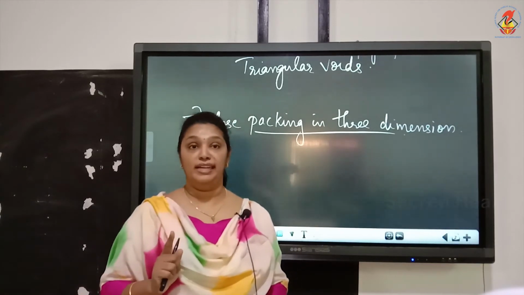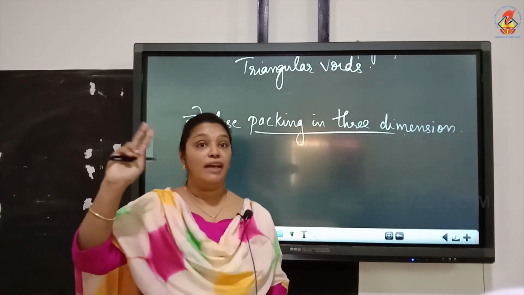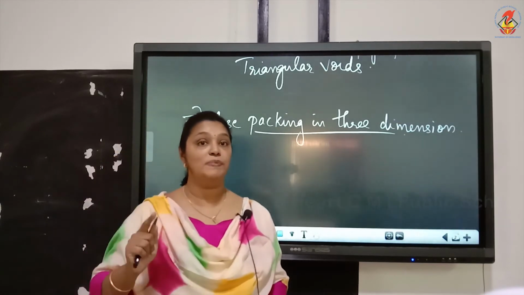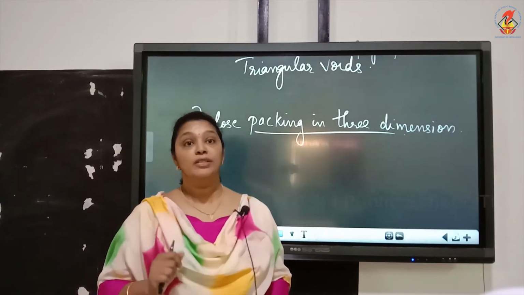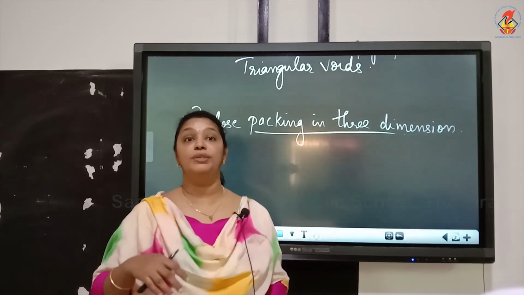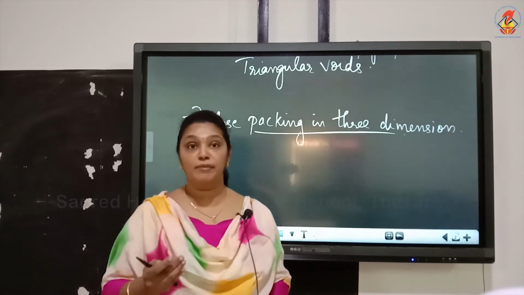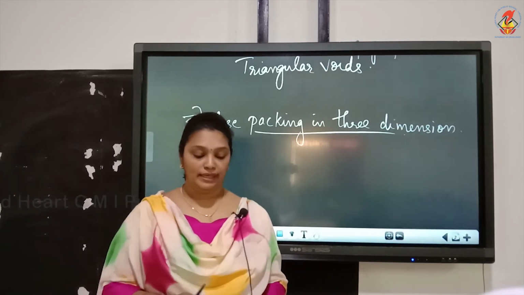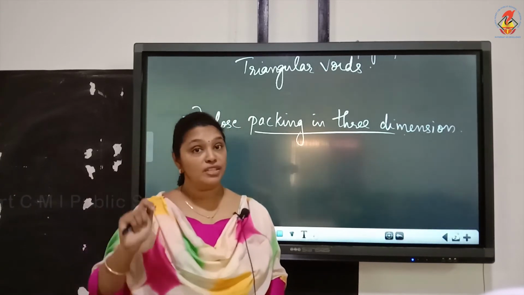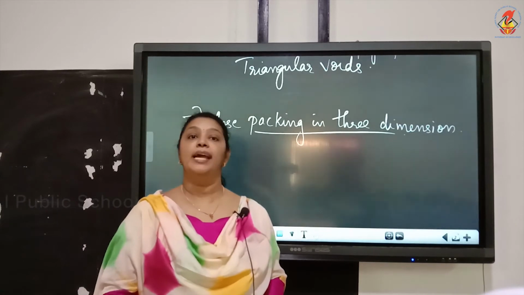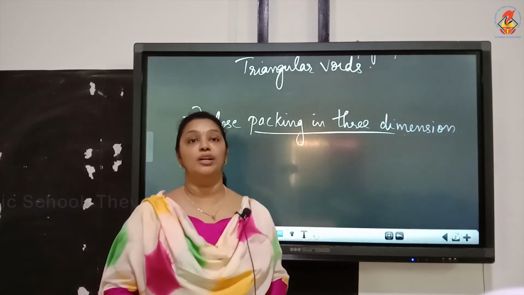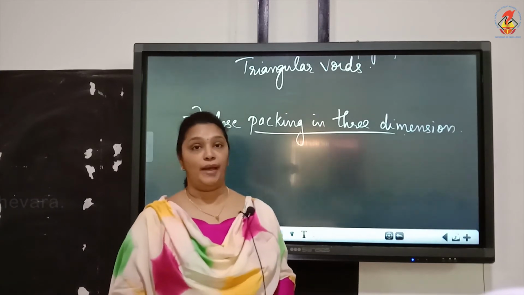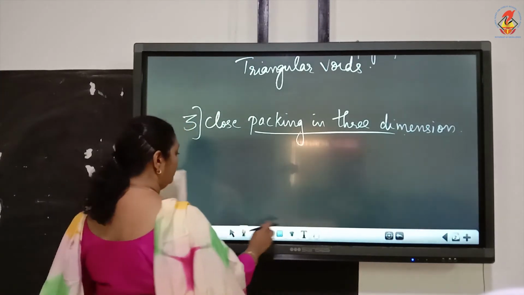Because we have 2 types of 2-dimensional close packing, square close packing and hexagonal close packing, we have again 2 types of 3-dimensional close packing. One is 3-dimensional close packing from 2-dimensional square close packing, and the second is 3-dimensional close packing from 2-dimensional hexagonal close packing.